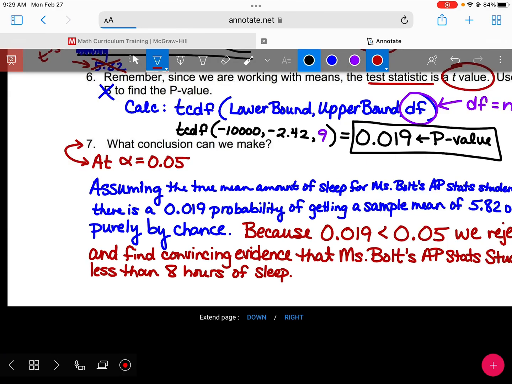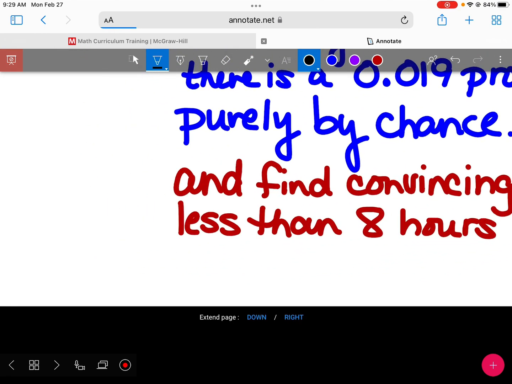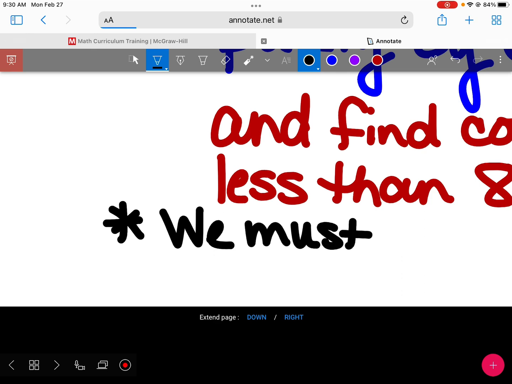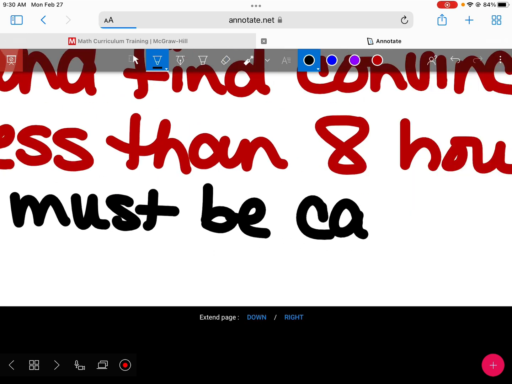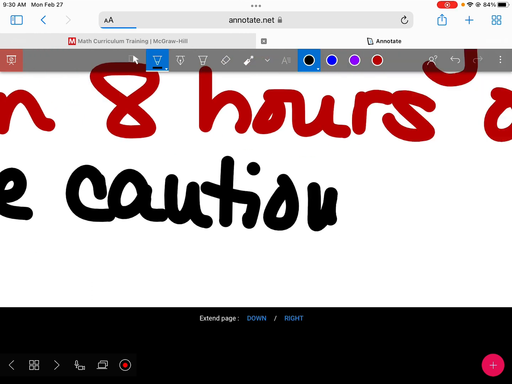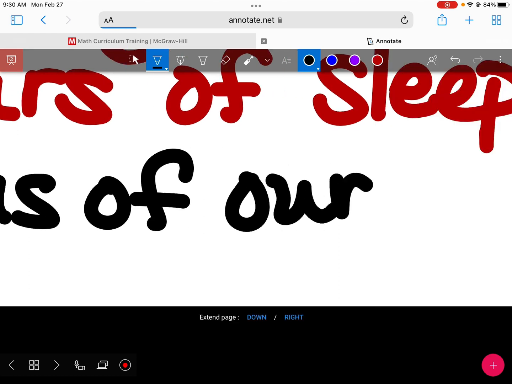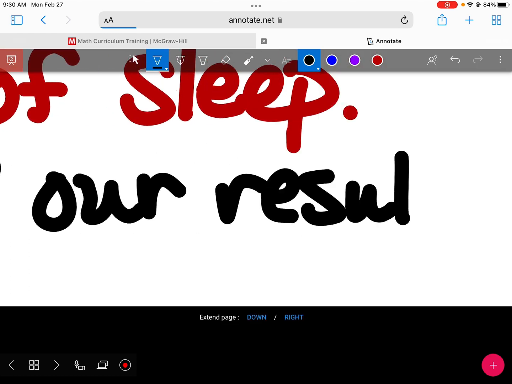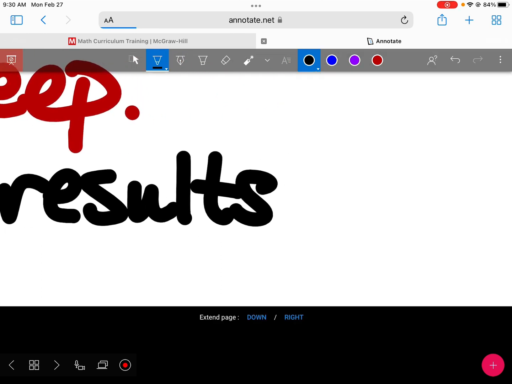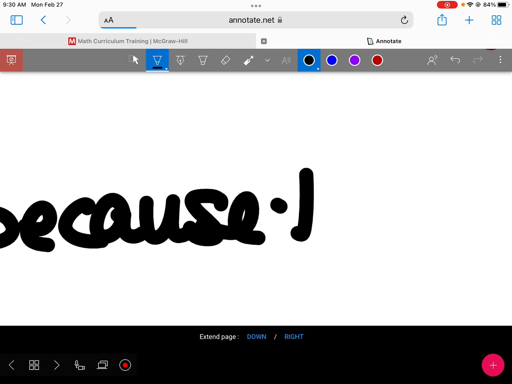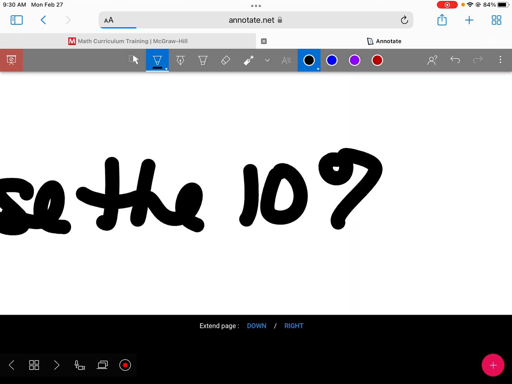Is there anything we need to watch out for? Yeah, we missed our 10% condition there, so we must be cautious of our results, because the 10% condition was not met.